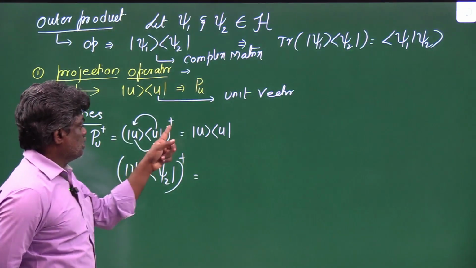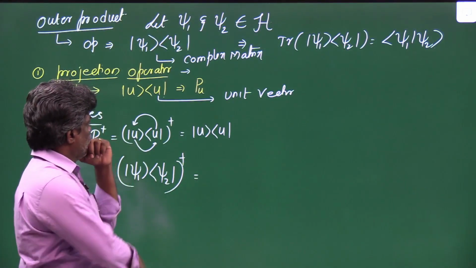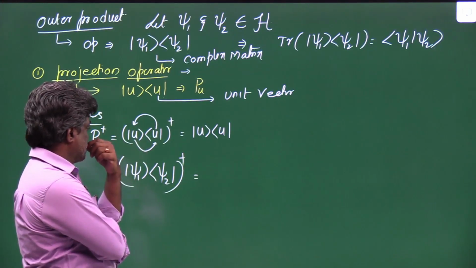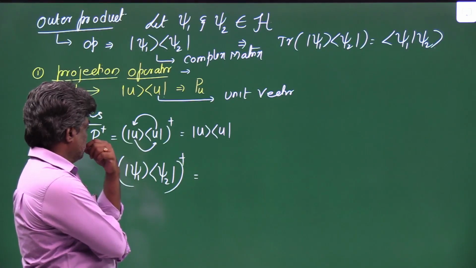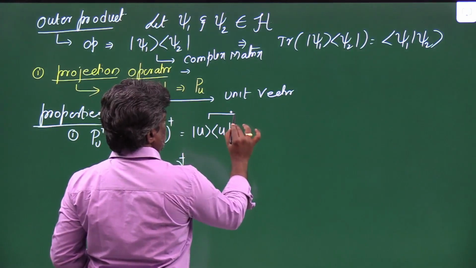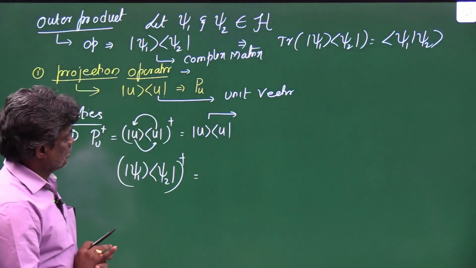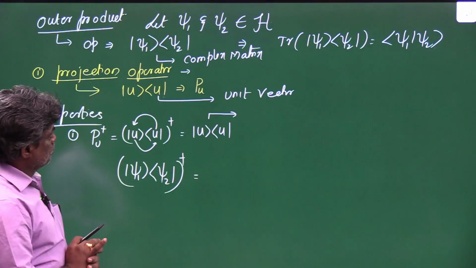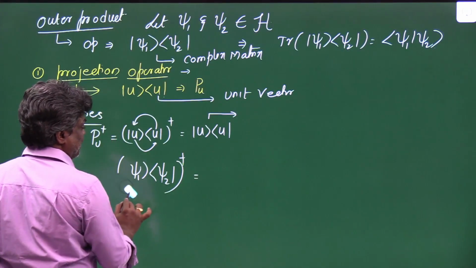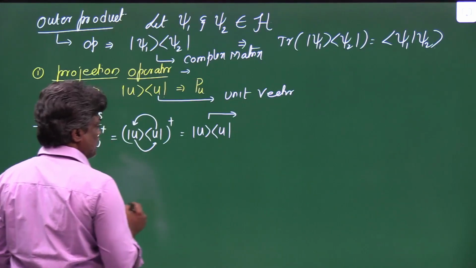Can we represent this outer product as a diagram? No, we will represent it as a matrix, in the XYZ basis, not a diagram. I didn't think about it, let me think about it.